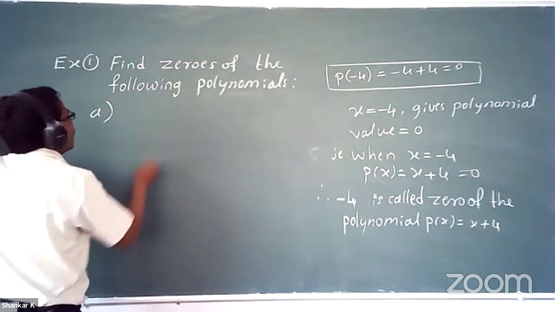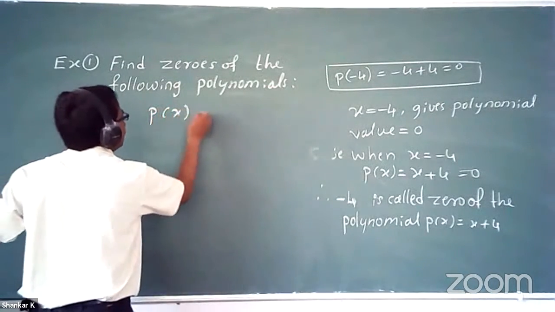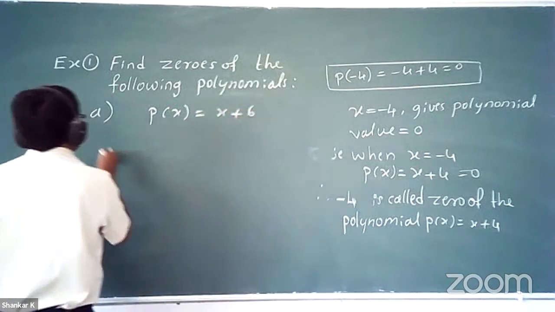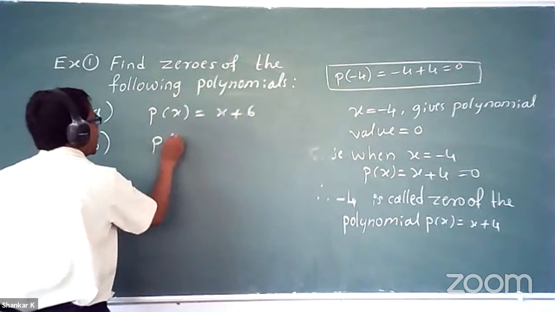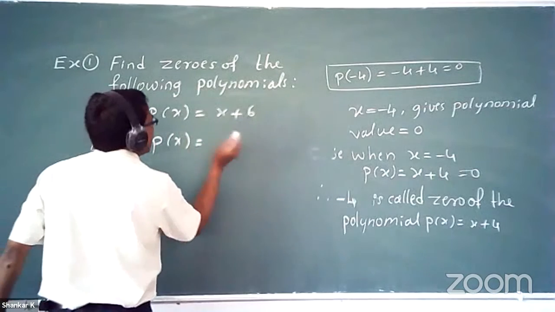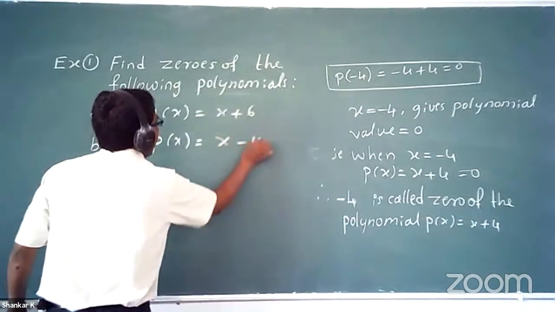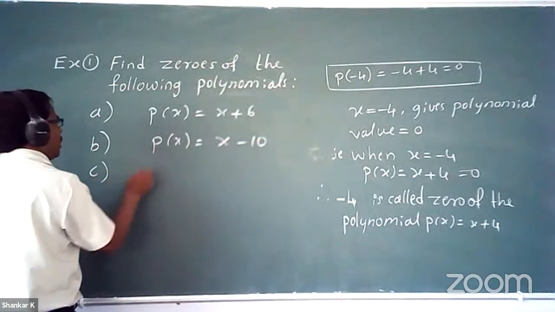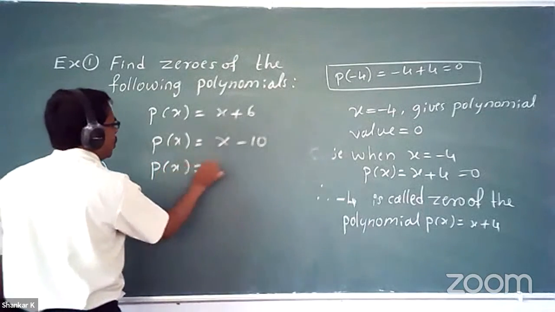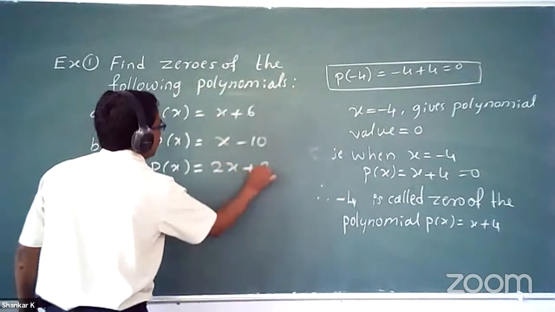A, P of x equal to x plus 6. B, P of x equal to x minus 10. C, P of x equal to 2x plus 2.